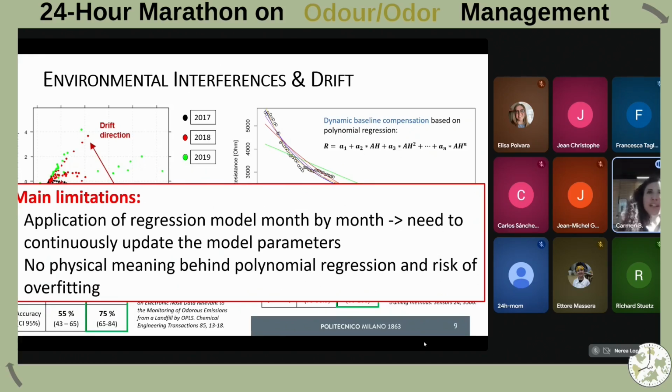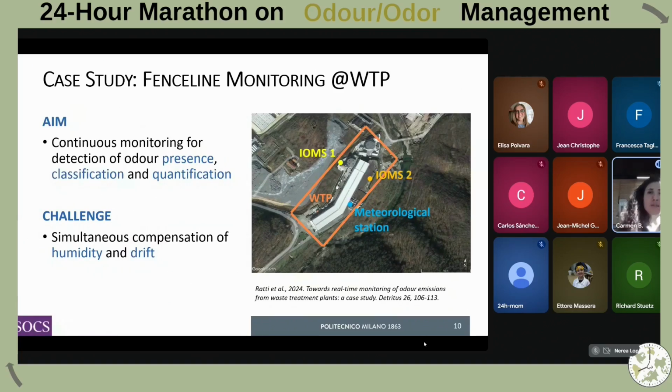Moreover, we decided to improve the mathematics behind the choice of polynomial regression for the compensation, because there is no real physical meaning behind the selection of this type of model. For this reason, today I will focus on the results of this further investigation, considering as a case study the fence line monitoring that we are performing at a waste treatment plant.